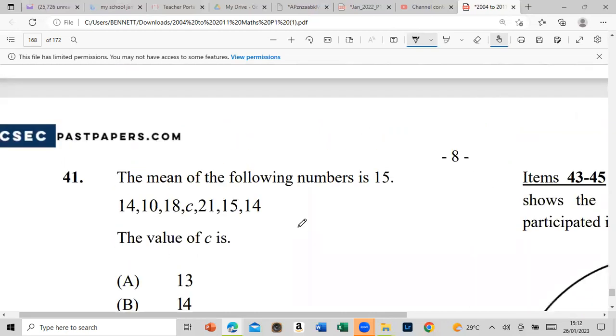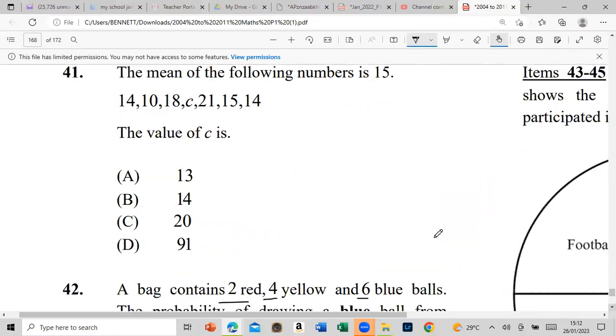The mean of the following numbers is 15. The value of C is: let's see how many numbers, 1, 2, 3, 4, 5, 6, 7. So the total will be 7 times 15, since we divide by 7 to give this. 7 times 15 is 105.